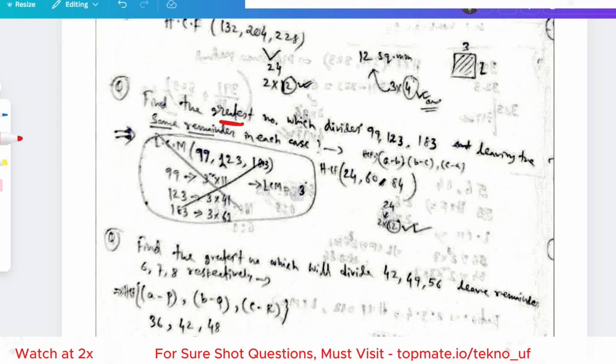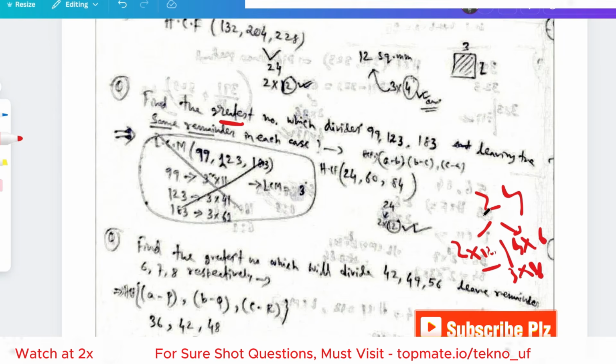So 84 minus 60 will give you the least difference, 24. If you divide this 24 as 2 into 12, 4 into 6, 3 into 8, and try to divide all these numbers, 12 can divide all of them. So 12 is the HCF.